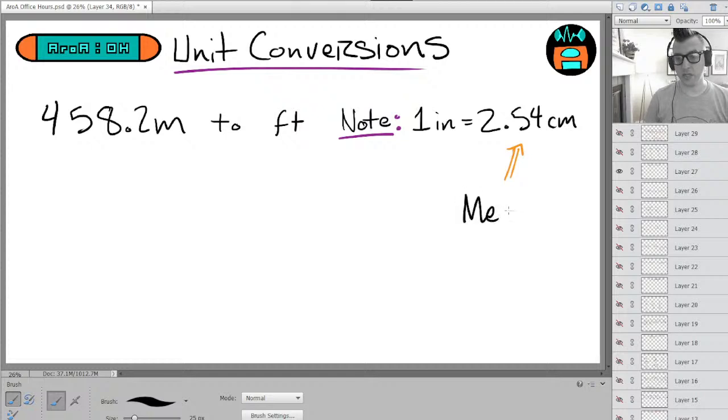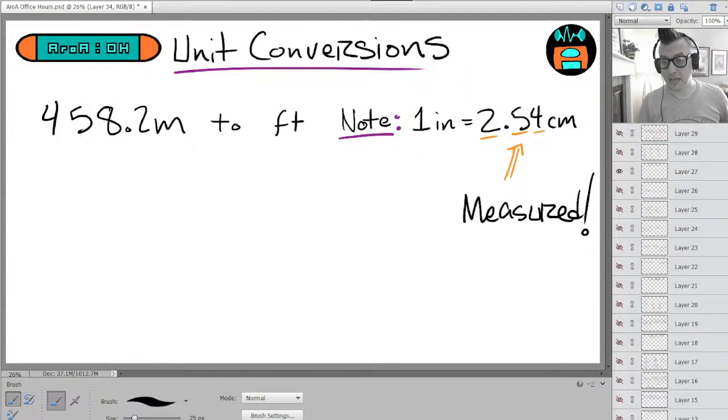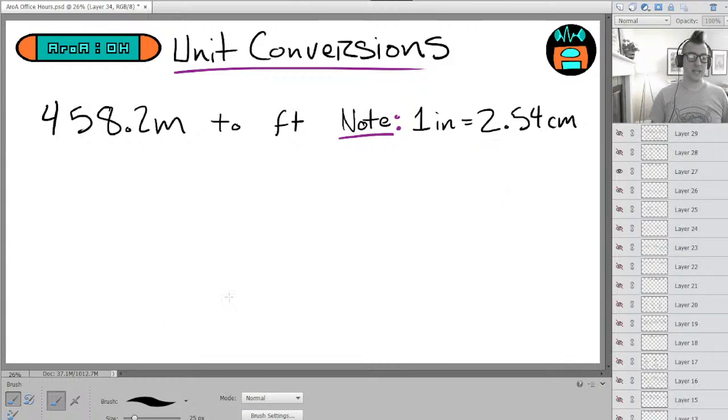This unit conversion is measured, which means that its significant digits, they won't always, but they can limit your calculation, all right? Because inches and centimeters are 2 different systems of measurement, and so it's not a definition. It's not that there's exactly 2.54 centimeters in 1 inch. We had to measure it, and the precision here matters. So keep that in mind as you do this calculation.